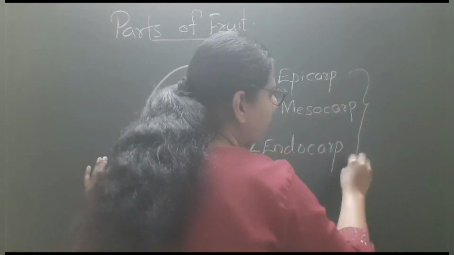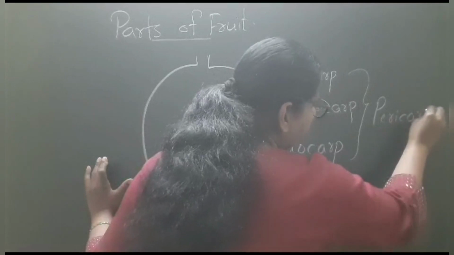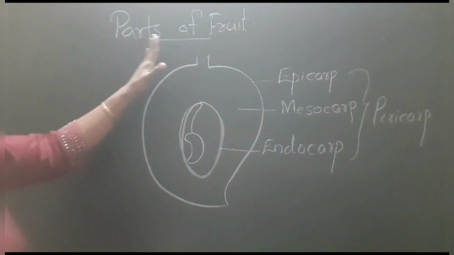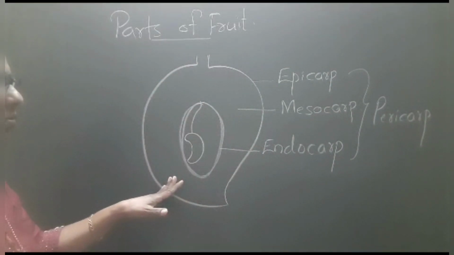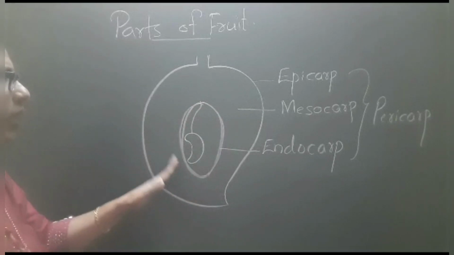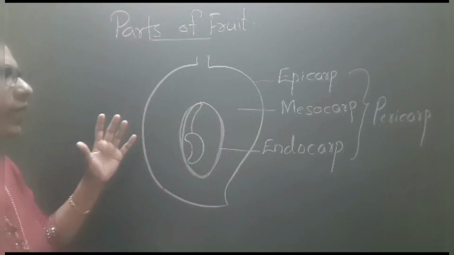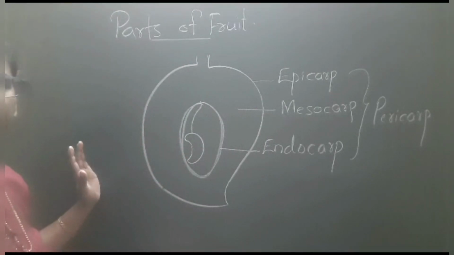These together form the pericarp. Understand? Parts of the fruit. I have taken a mango fruit to make it easy for you to understand. We already learned that the entire ovary develops into a fruit.